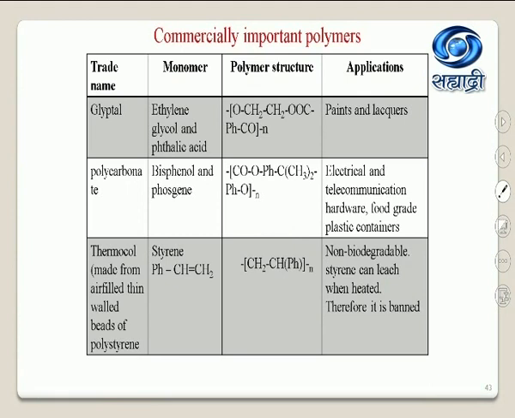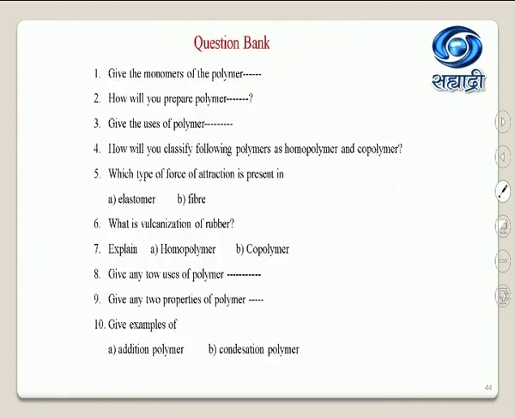Now dear students, let us see some questions, that means how the questions can be asked in the board exam. Some specimen questions I have given here. Give the monomers of polymers. Already I told you to remember, to prepare the monomers for a particular polymer, both name as well as structure.